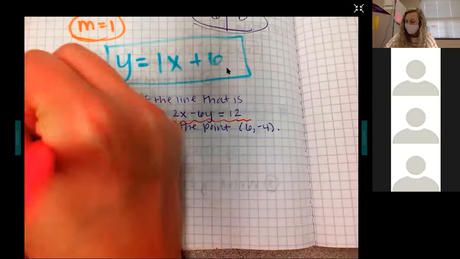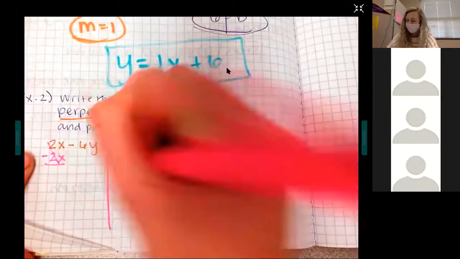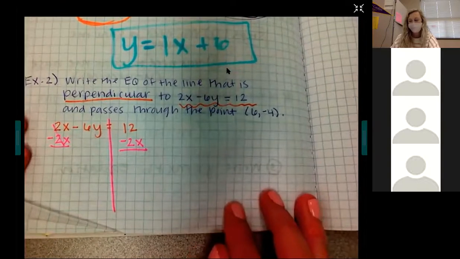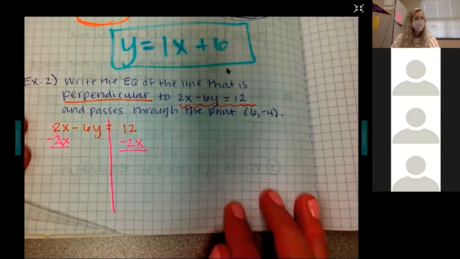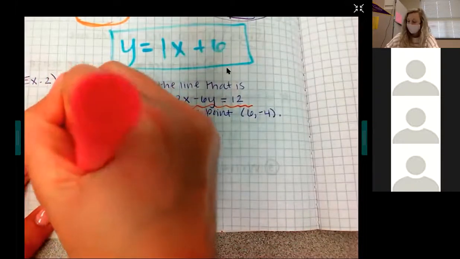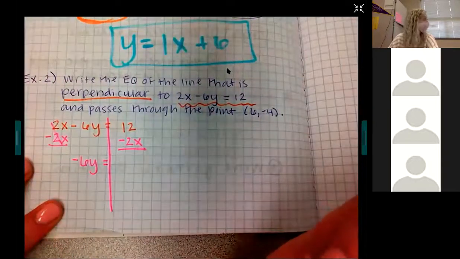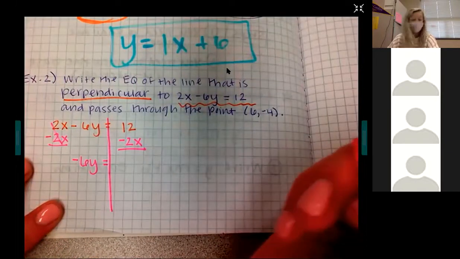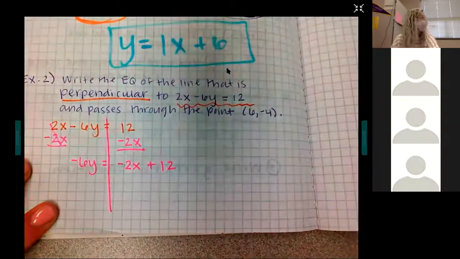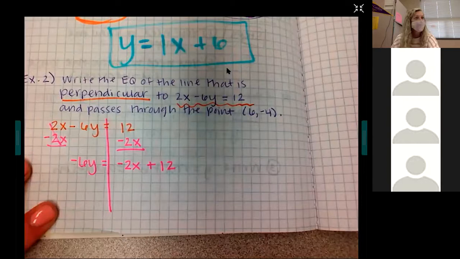Subtract 2x on both sides. So what am I left with? Negative 6y equals negative 2x plus 12.